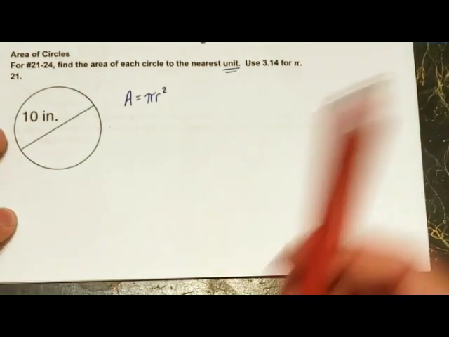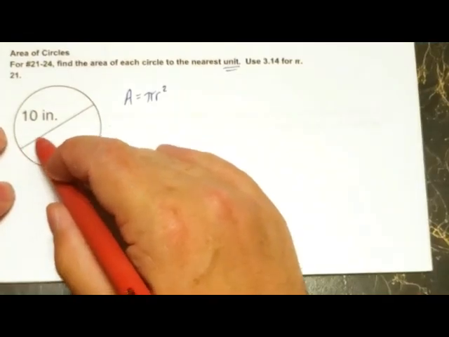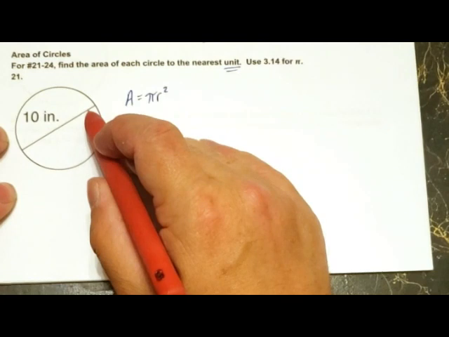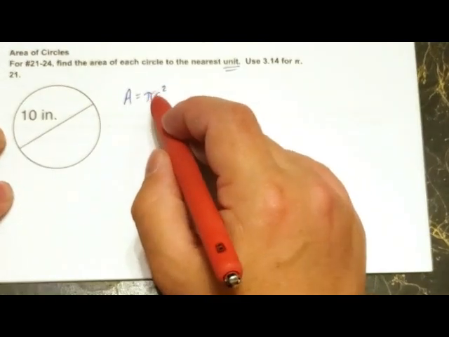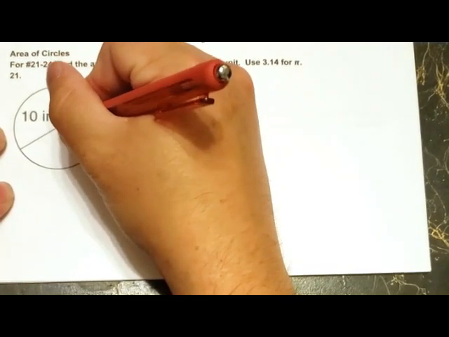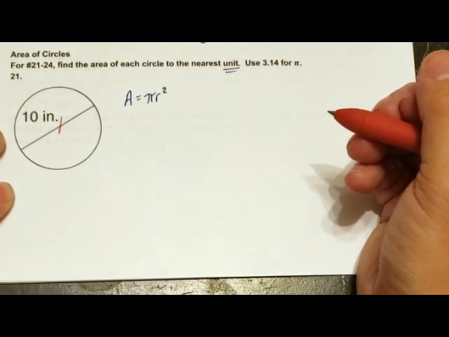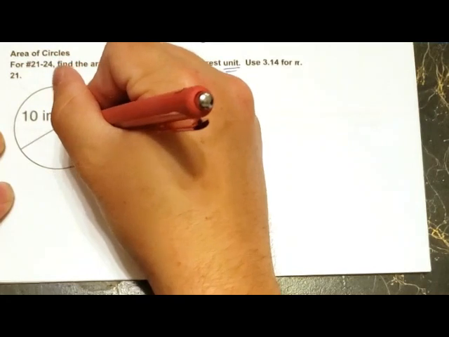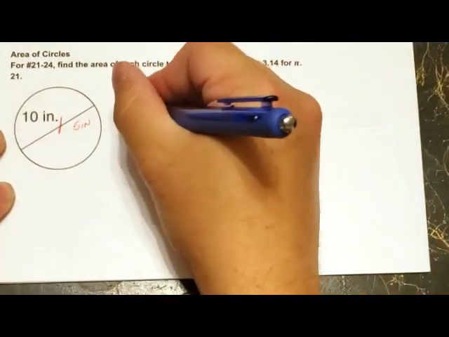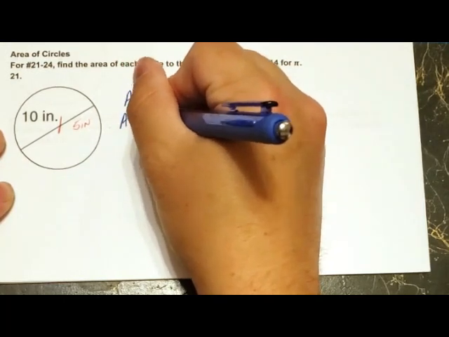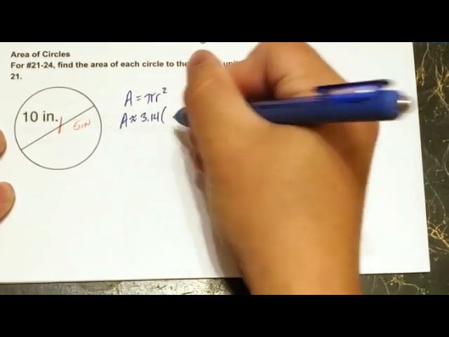So in a problem like number 21, where the distance they give us is all the way across, we can't use that 10. We need the radius. So what we do is we cut the diameter in half. What is half of 10? That'd be 5.